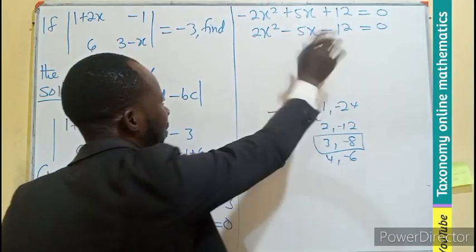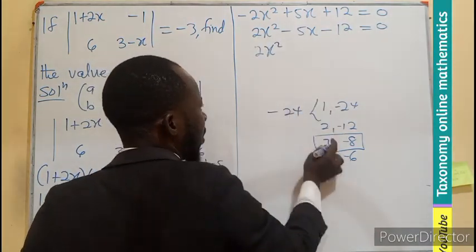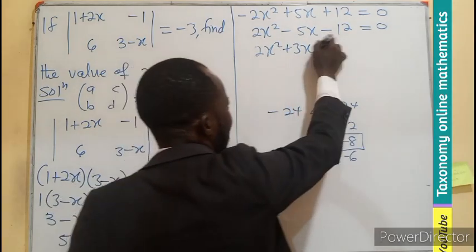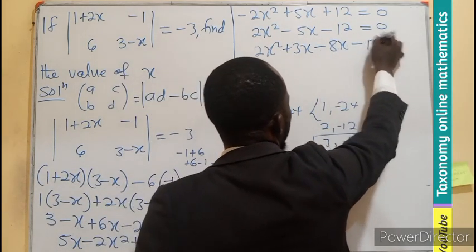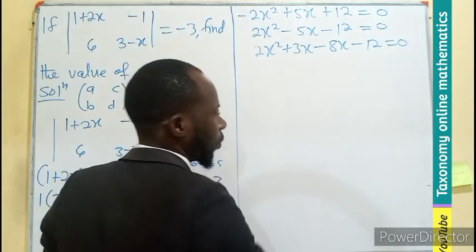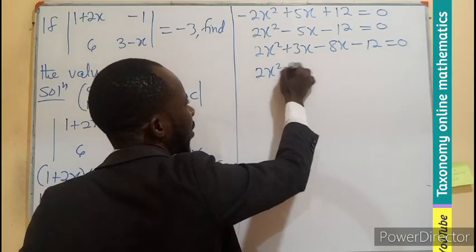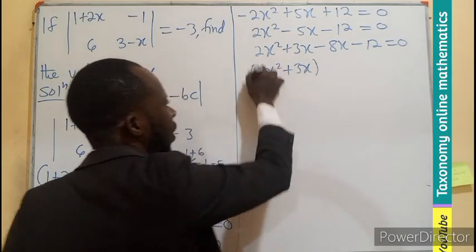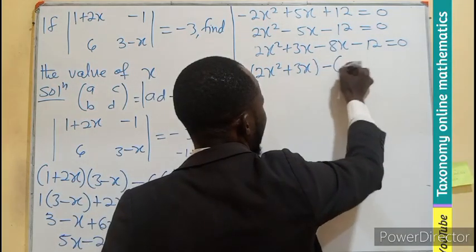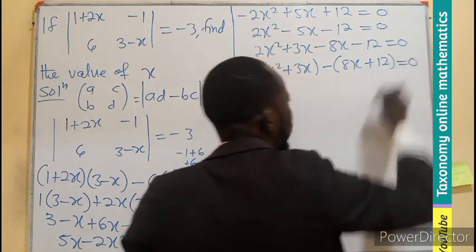Alright, so now let's do that expansion. 2x squared plus 3x, then minus 8x minus 12 equals 0. Let's group them and see. 2x squared plus 3x in one bracket as the first factor, then minus 8x plus 12 equals 0.